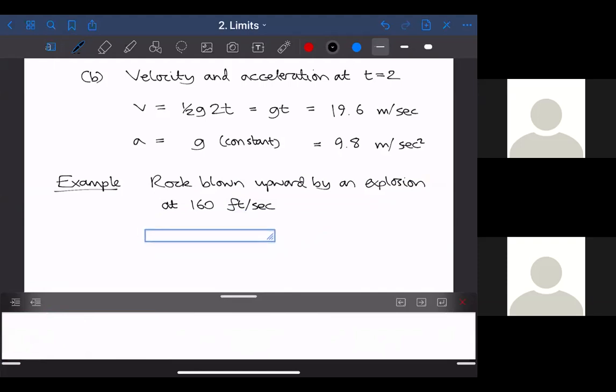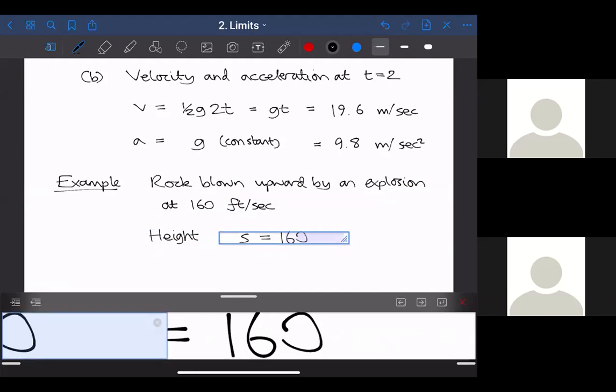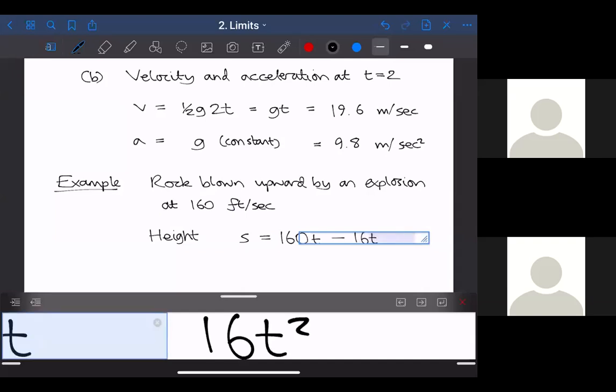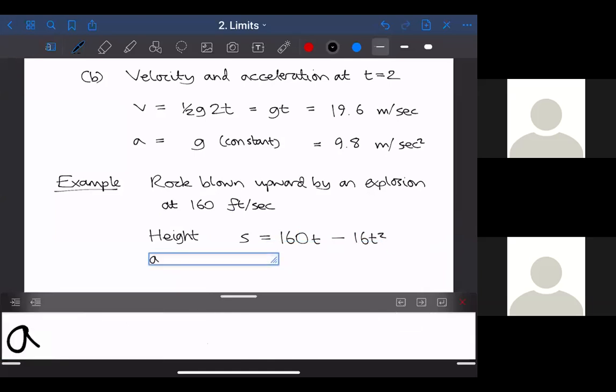And so the height of this rock is, say, s, 160t minus 16t squared after t seconds.